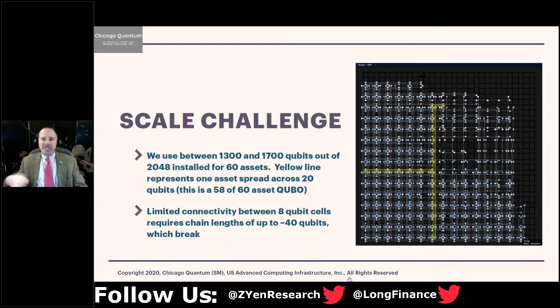It's not just 64 qubits for 64 stocks. In fact, it's 1,300 to 1,700 qubits for 60 stocks. And we found out theoretically the most stocks or fully connected vertices or cliques you can have on this Chimera architecture is 65. So we run 64 just to make sure it's going to work great. Next slide.